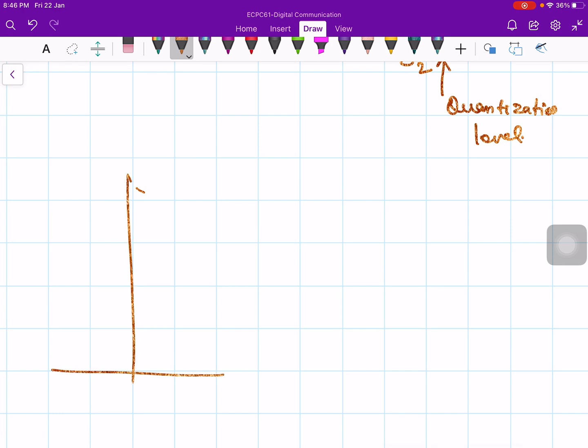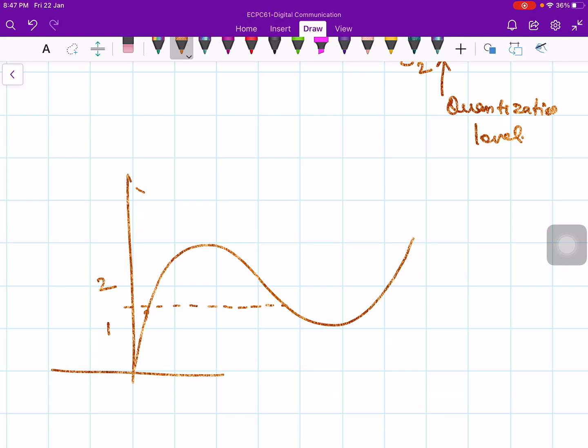let's say I have a signal like this. Now if I take the sample like this, let me take the sample. The middle point is here somewhere. This is 1 and this is 2. And if I take the sample at this point, then what is going to happen?